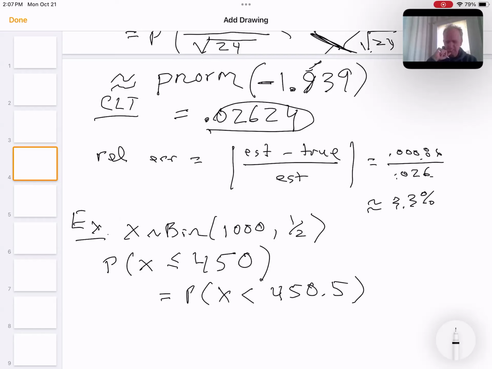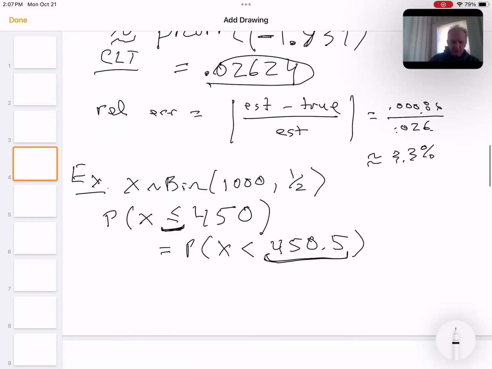So you want to think about the inclusivity or exclusivity of the operator here, and then determine if you want to make a correction. Okay, so this is what we do here. I want to include this, so I don't want to just shave the edge off here. I want to go up to 450.5.